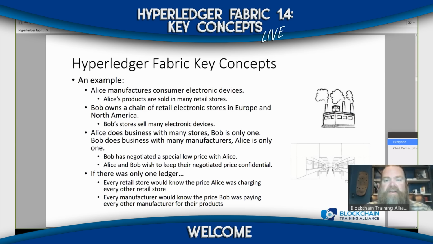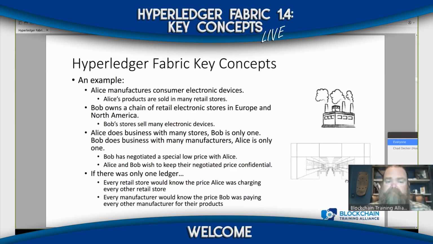She's the CEO of a very Apple-like company, and they make all of these very, very popular consumer electronic devices. Bob owns a chain of retail electronic stores scattered throughout North America and Europe. And Bob happens to be a major retailer of Alice's electronic devices.